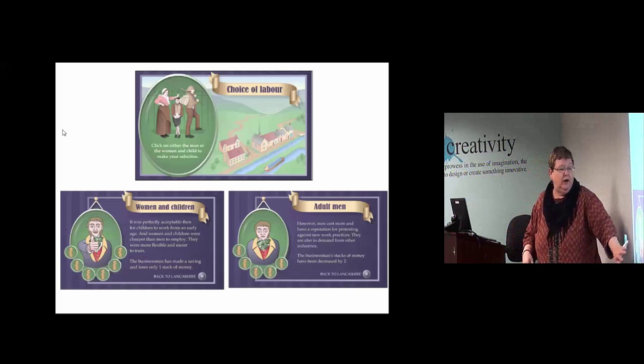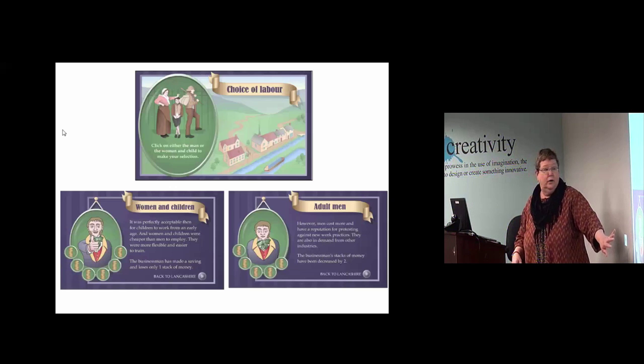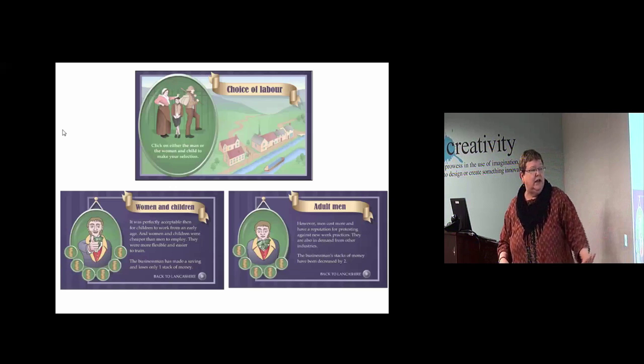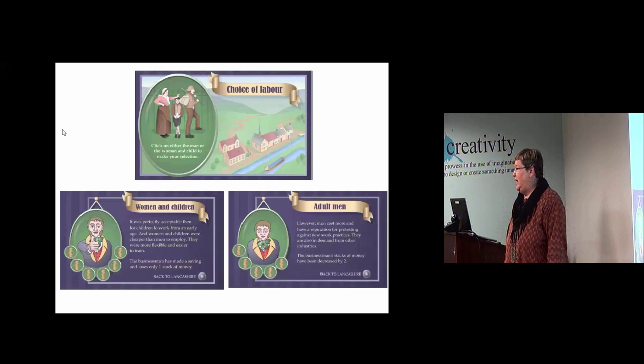So if you hire the women and children, this actually says, in case you can't read it, it was perfectly acceptable then for children to work from an early age, and women and children were cheaper than men to employ. They were more flexible and easier to train. And then it says, the businessman has made a savings and loses only 1 stack of money, the expenditure of hiring these people.